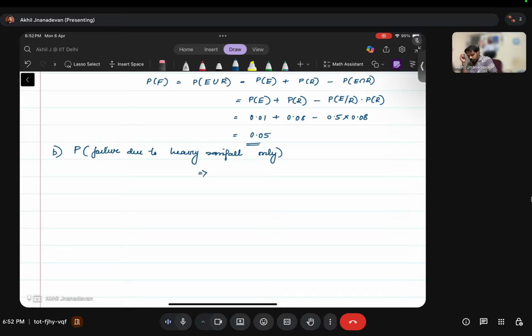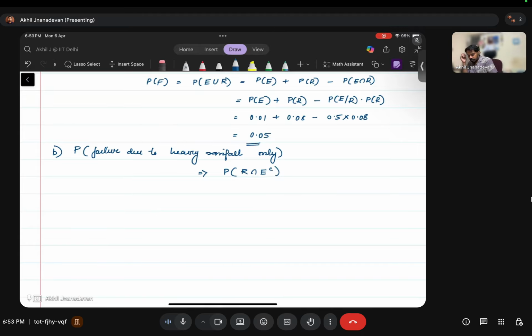That is, we can write it as probability of R, that is failure due to excess rainfall, intersection with E complement, that is no excess inflow is coming from the upstream.